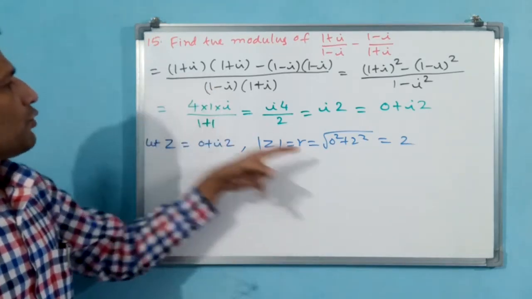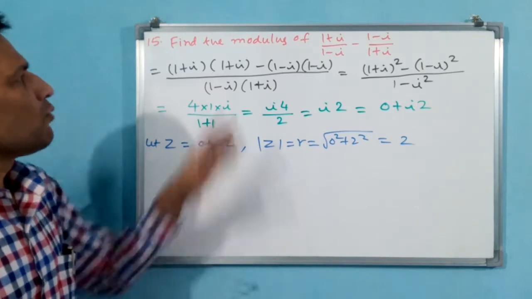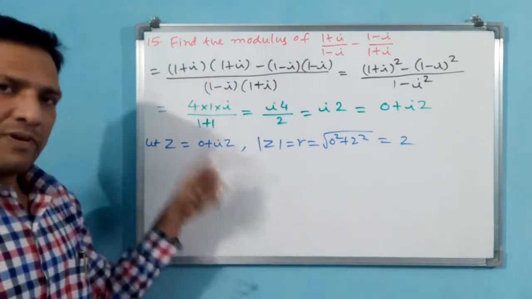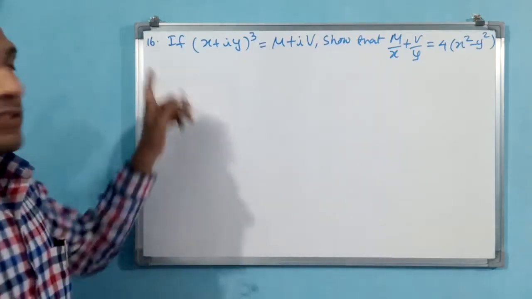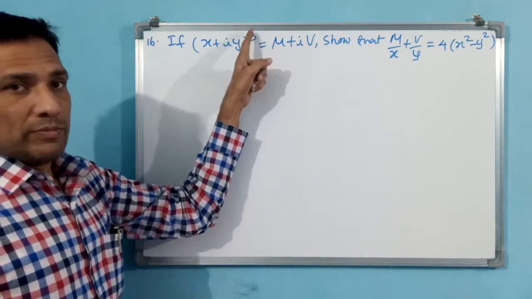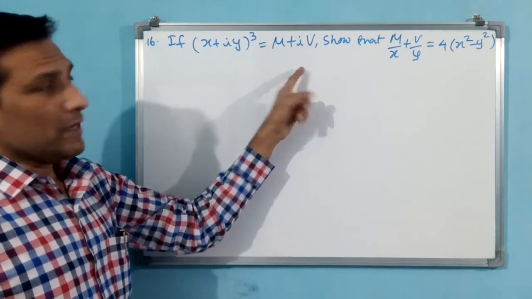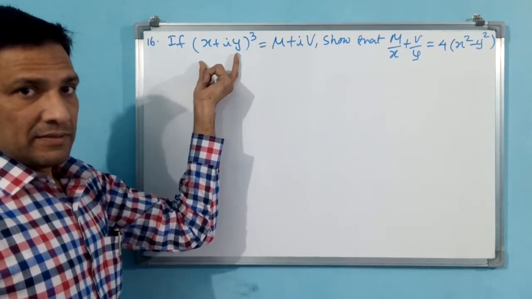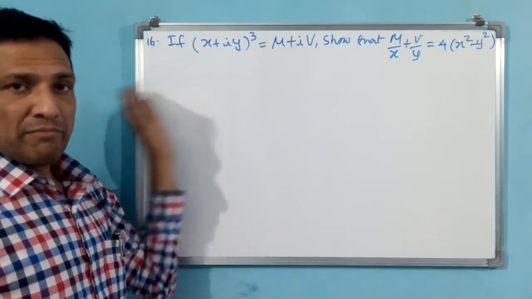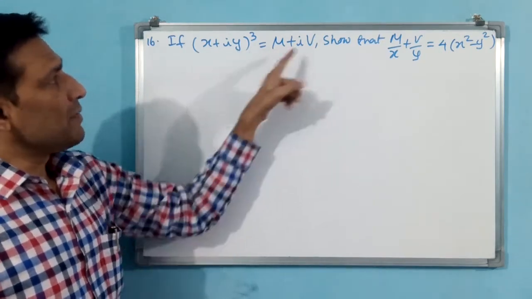Okay. This is question number 15. Modulus we have to find. Only modulus is asked. Let us go for the 16th. See the 16th question. If (x plus iy) whole cube is equal to u plus iv, that means after expansion, you have to separate the real part and the imaginary part. Real part is equal to u, imaginary part is equal to v.